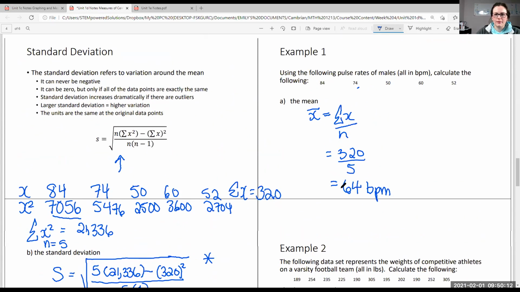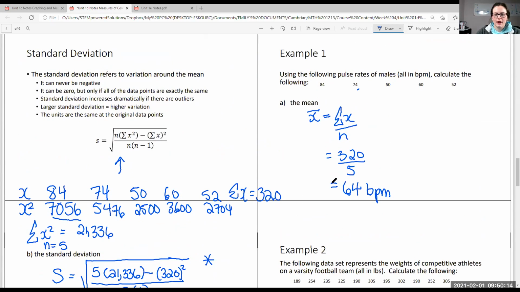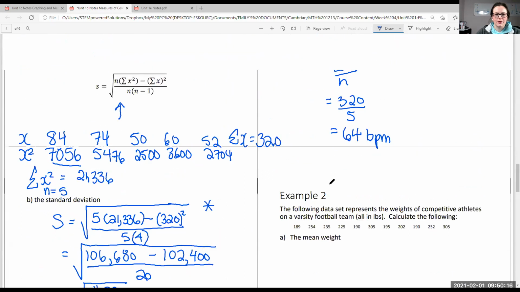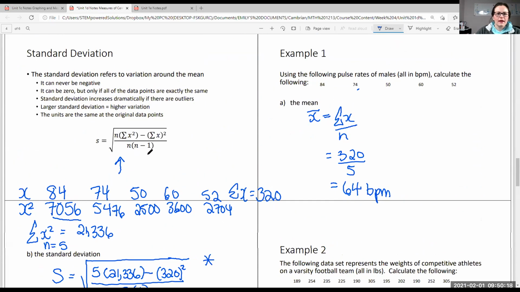Okay, so we solved for the mean of the pulse rate, and we solved for the standard deviation of the pulse rate using this formula. Now, there's something I'd like to show you with regards to the exam that's coming up, and it's called the formula sheet. I just want to make sure that you know what is going to be on it.